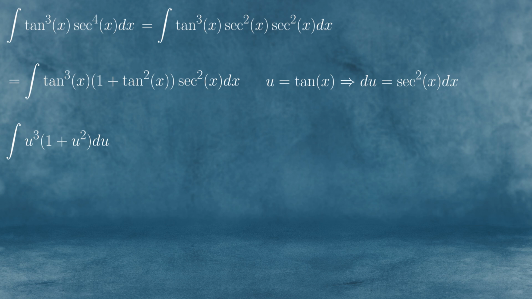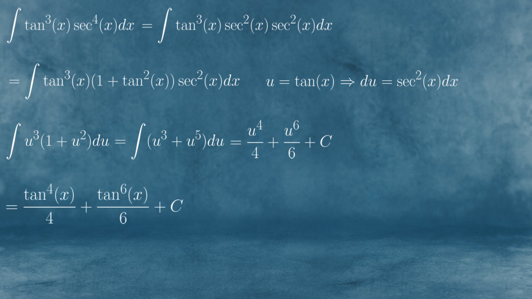Now, if we apply distributive property, we get the integral of u cubed plus u to the 5 du. And such an integral is equal to u to the 4 divided by 4 plus u to the 6 divided by 6 plus c. And we only need to replace u by tangent of x for obtaining the final result.